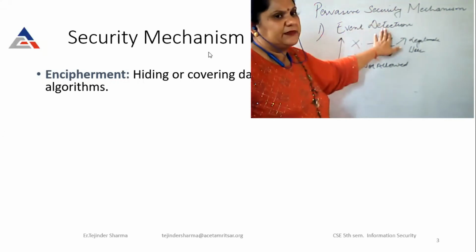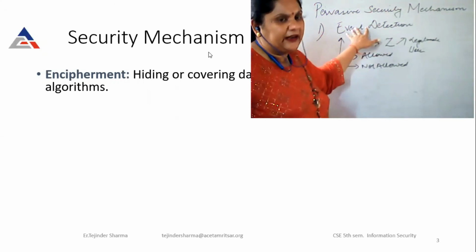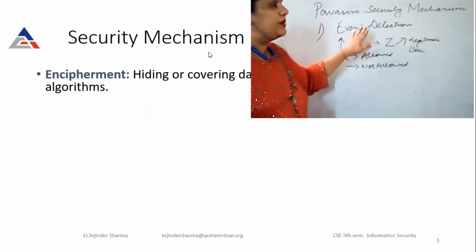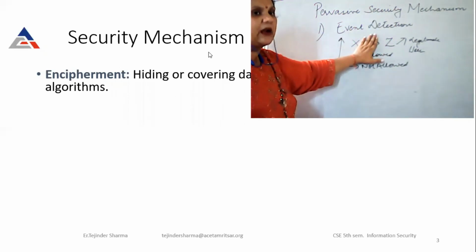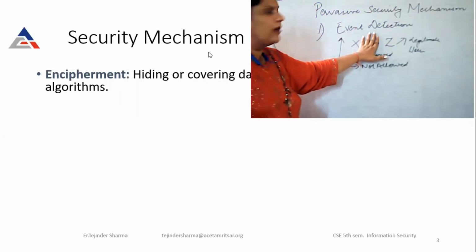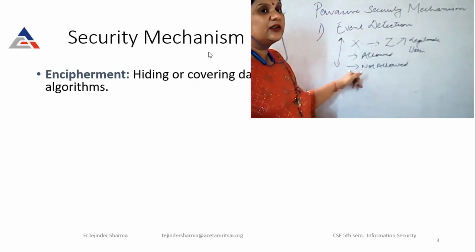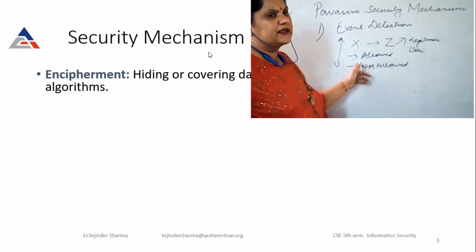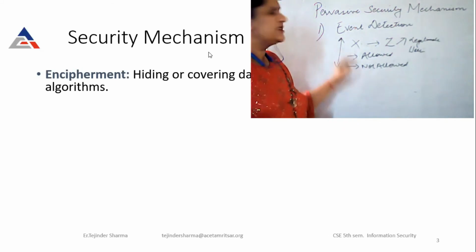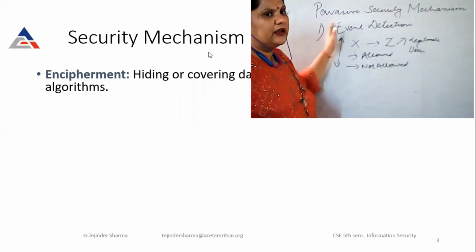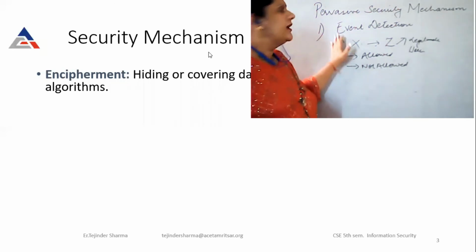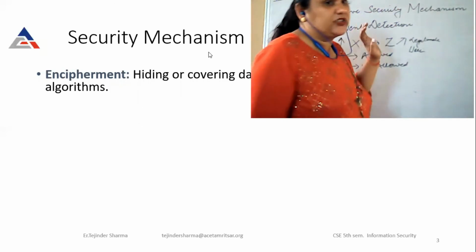That means the event has been detected: the financial transaction being made on your bank account is either allowed or not allowed. If you put in the OTP, it is allowed, otherwise it is not. This is a security mechanism that is followed, and this is called event detection.